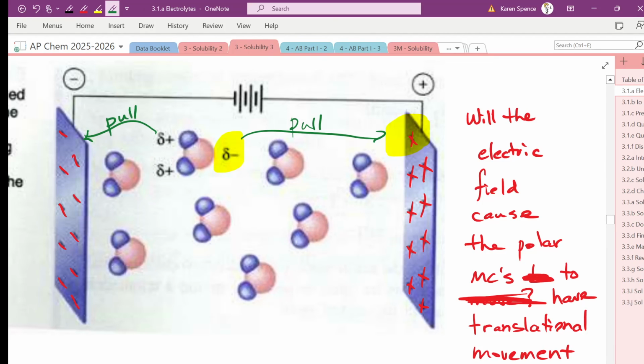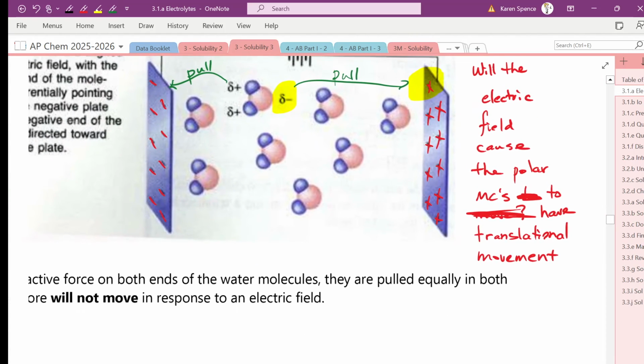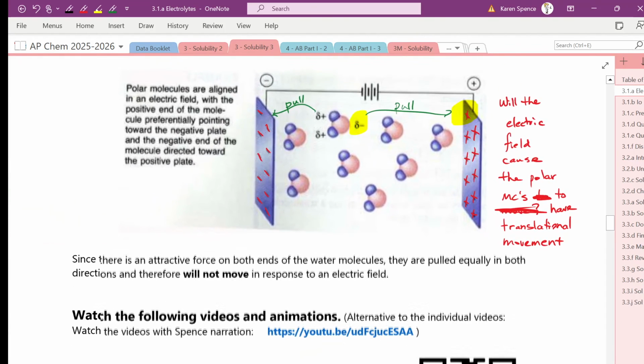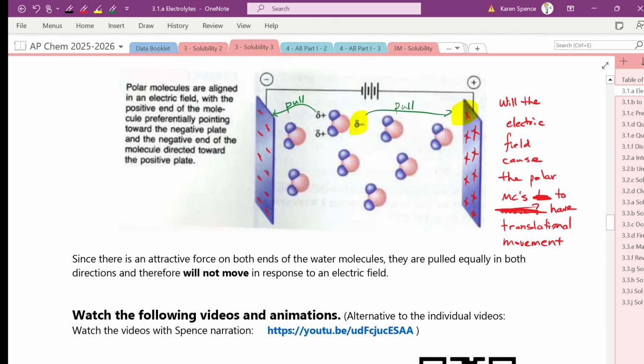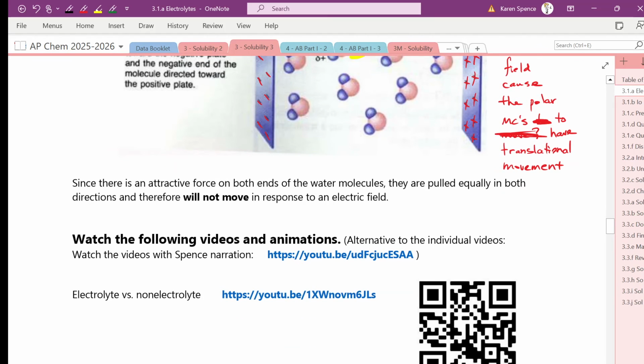Now, if you really want to talk about the forces involved, go talk to your physics teacher, because as a chemistry teacher, all I care about is that no, it does not cause any net translational movement. Okay? It just doesn't. Since there is an attractive force on both ends of the water molecules, they are pulled equally in both directions, so they will not move in response to an electric field.